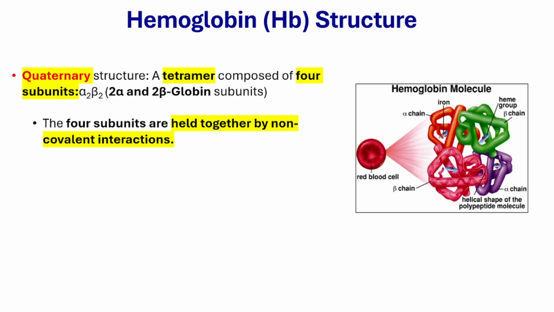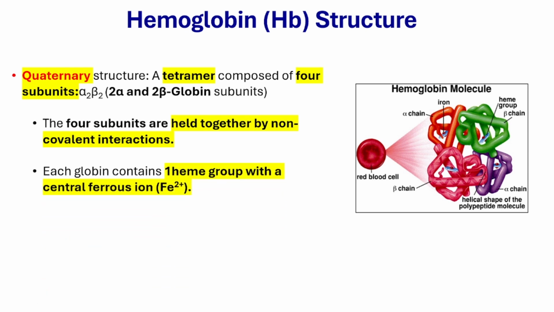As you can see here, these are the 4 subunits, and each subunit has the hem, to which 1 molecule of iron is attached. So we have 4 hems, 4 irons. It means your molecule of hemoglobin carries how many molecules of oxygen? 4. Okay, myoglobin carries 1. Hemoglobin carries 4 molecules of oxygen.